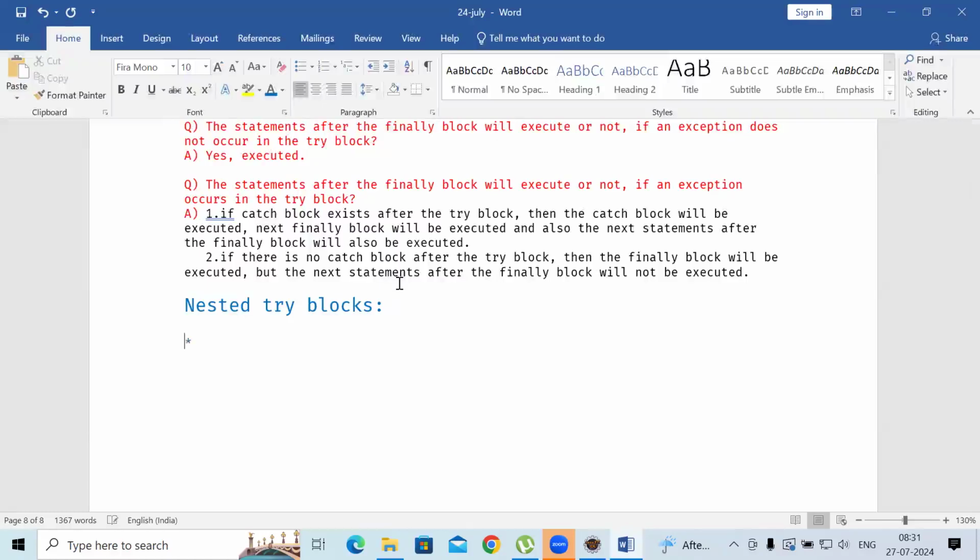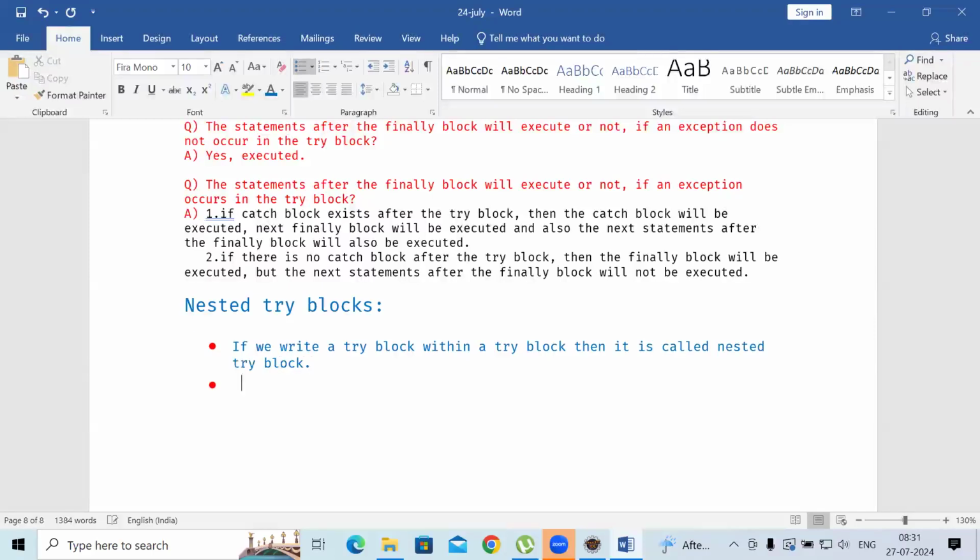Tell me, what's the answer for nested try block now? If you write a try block within a try block, then it is called a nested try block.